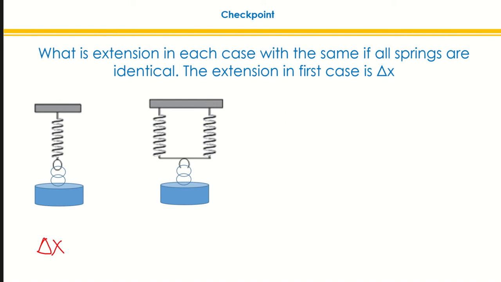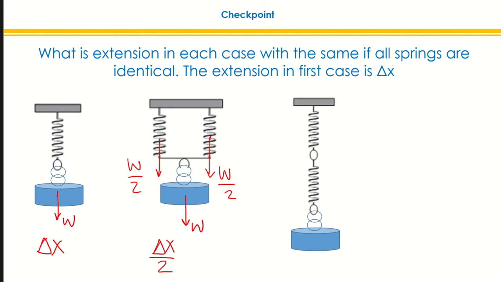You can see the load, which is W, is the same, but this load has been shared equally by the two springs. It means every spring gains a force of half the previous value. It means half of the extension is produced. So every spring is now extended by Δx divided by 2.